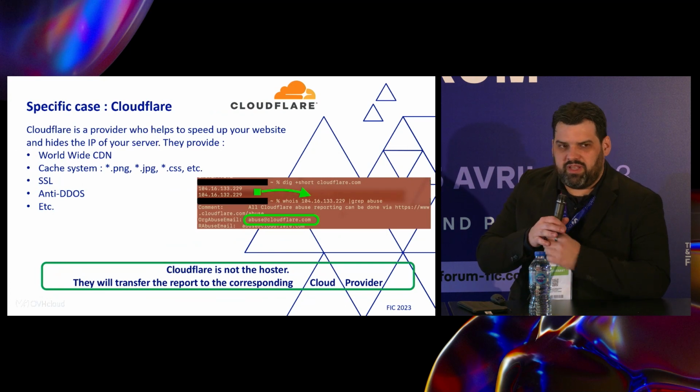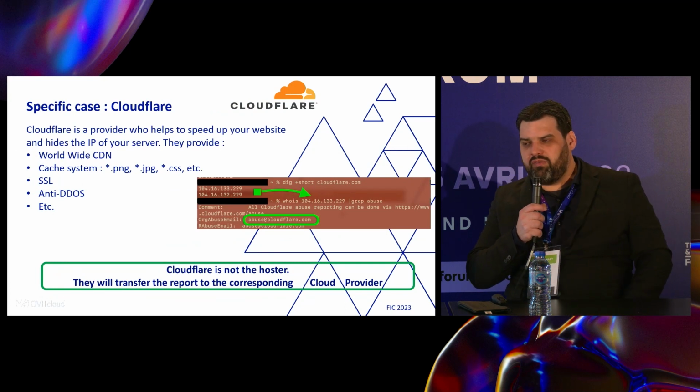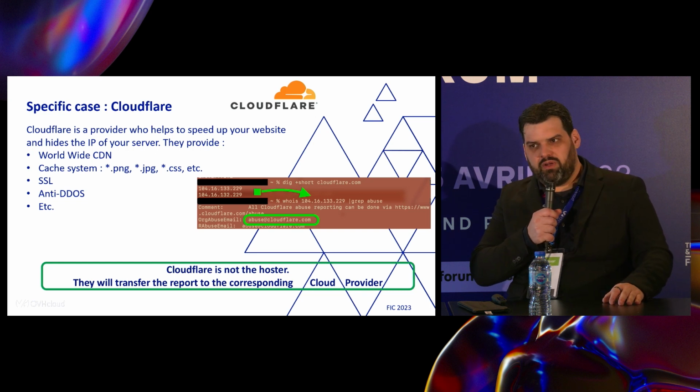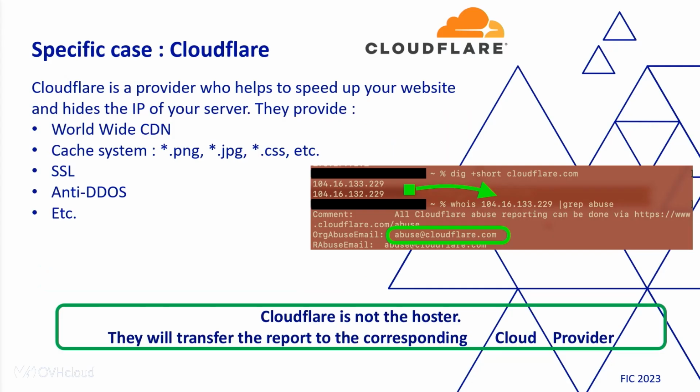You have a specific case: Cloudflare. Cloudflare permits you to hide your server IPs. It provides CDN, it provides SSL, and a cache system to speed up your website with some parts of your website, like pictures, on the CDN. And it's quite hard to know where the cloud provider really hosts the content.